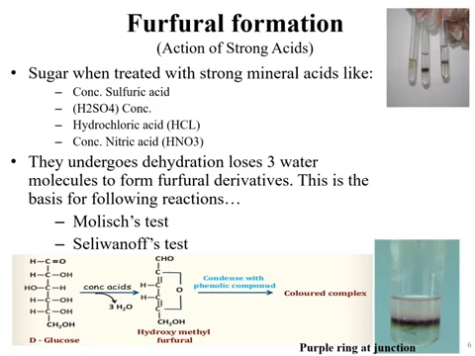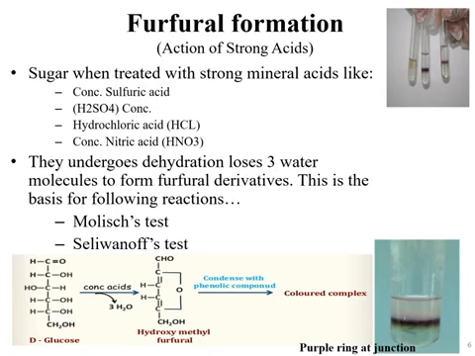When sugars are treated with strong mineral acids like concentrated sulfuric acid, hydrochloric acid or concentrated nitric acid, they undergo dehydration and lose 3 water molecules, and finally they form furfural derivatives. This is the basis for the following reactions: Molisch's reaction and the Seliwanoff reaction. Both of these tests are used for the qualitative detection of carbohydrates.